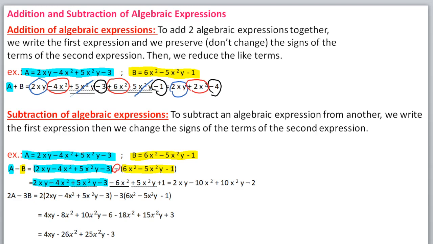So we are multiplying negative by 6x squared, so it will be, look, negative 6x squared. Negative times negative 5x squared y, so it will be positive x squared y, and plus 1, negative times negative, positive. After this, we should collect the like terms. Do the same way. So 2xy, we copy it here, 2xy, minus 4x squared, minus 6x squared, so it's minus 10x squared.